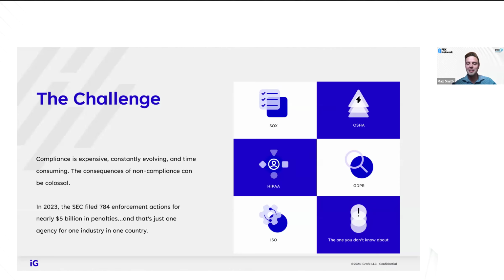And the consequences of not reacting to this are colossal. So for example, last year in 2023, the SEC filed 784 enforcement actions, with nearly $5 billion in penalties. And importantly, we're talking about one agency here for one industry in one country. Obviously, if you're a global business on the call like this, the exposure is massive, right?